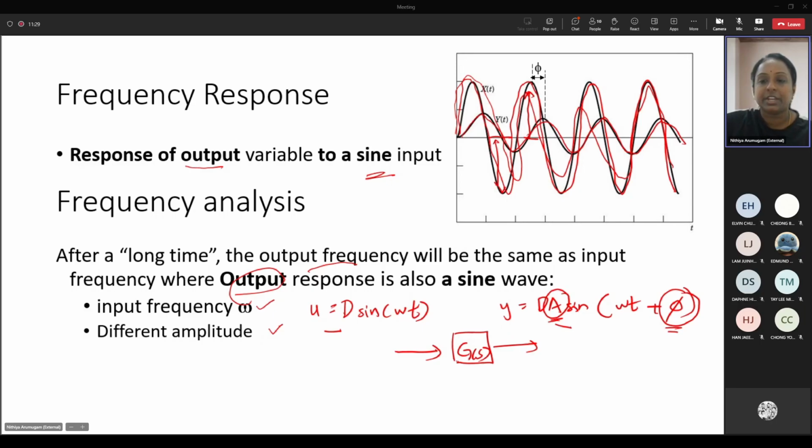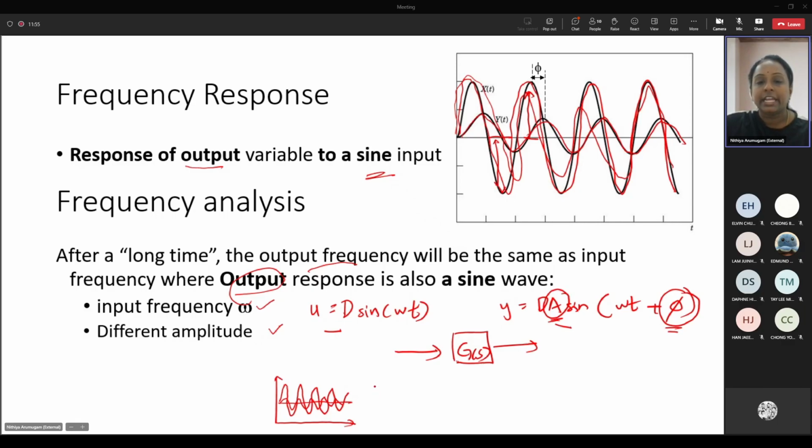So from there, we can notice, for example, let's say this is the input graph, and let's say this is the output graph. All right. So from here, we will know that both input and output oscillate at the same frequency, meaning constant frequency.